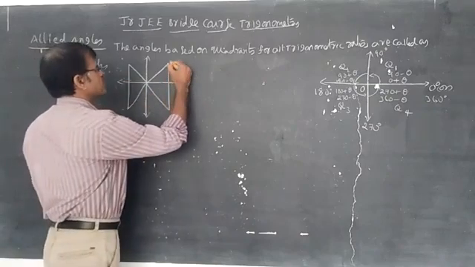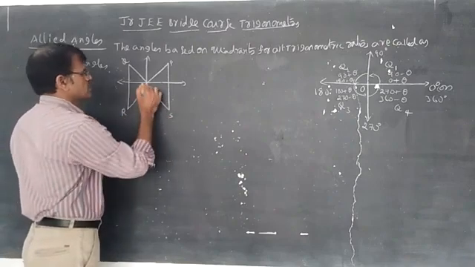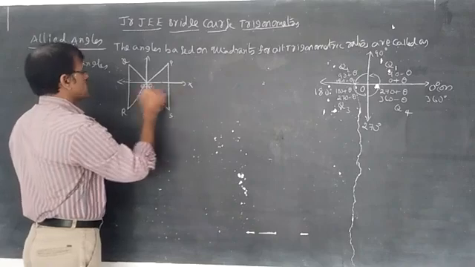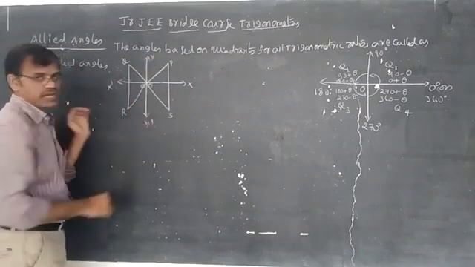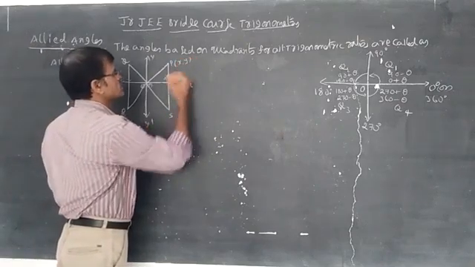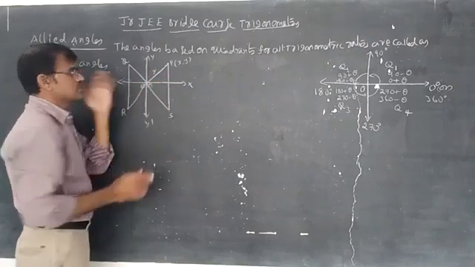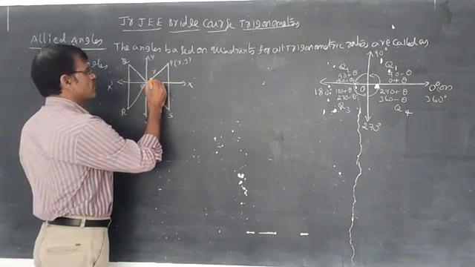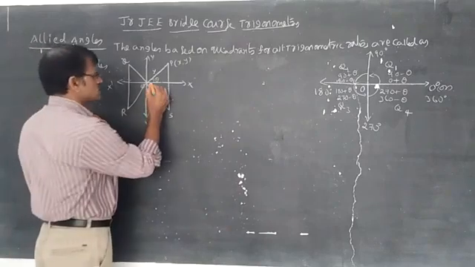A point P, a point Q, a point R, a point S. This is 0, 0. This is x-axis, this is negative x-axis, this is y-axis, this is negative y-axis. P here, the point x, y is there. Let us denote this as r units, the distance from origin to a point, making an angle theta with the positive direction of x-axis.